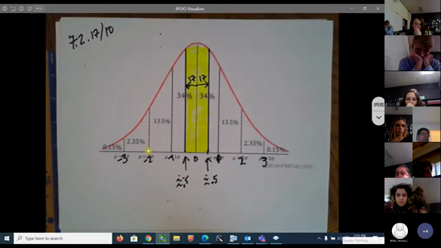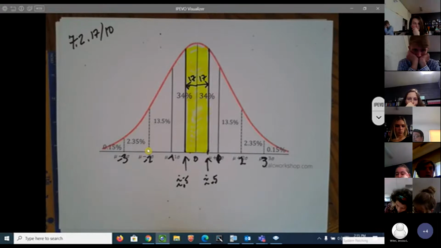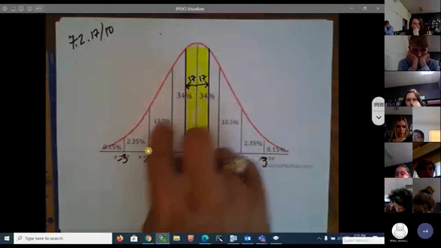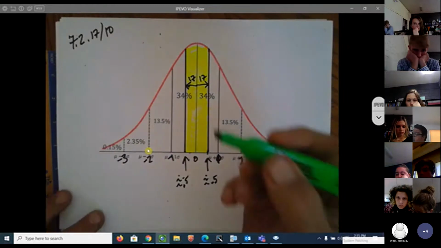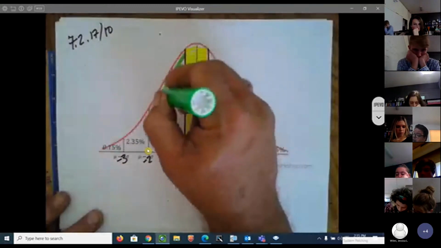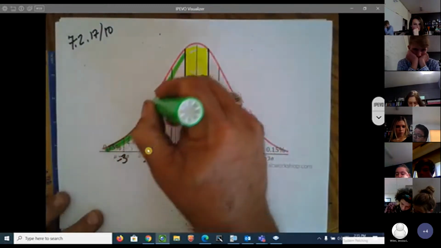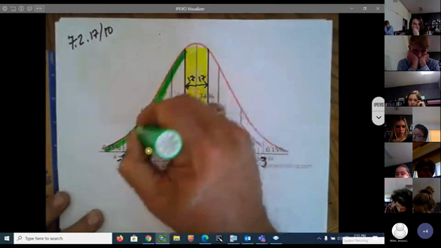So if that is 17%, then that means this area right here, and I'll color it green. That means that this green area here is what?